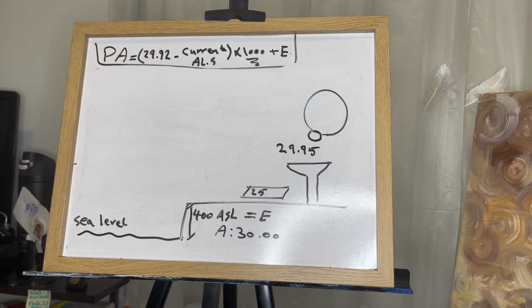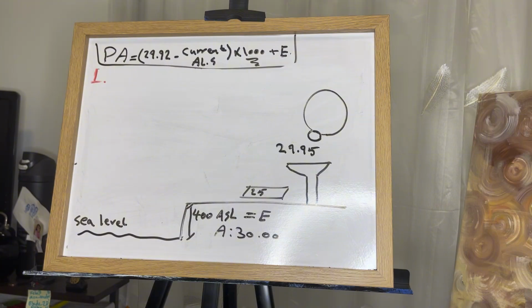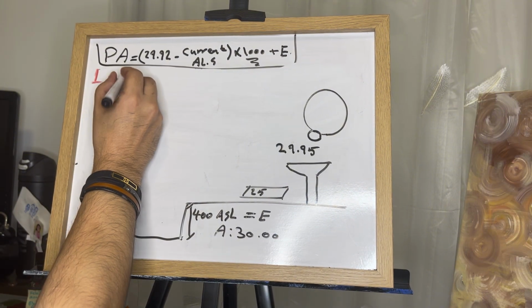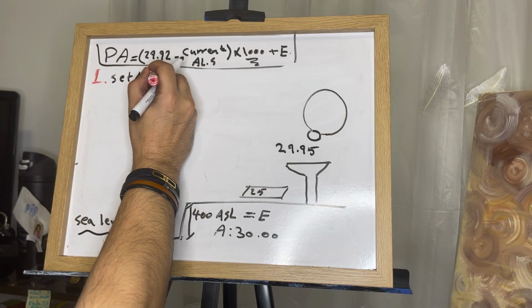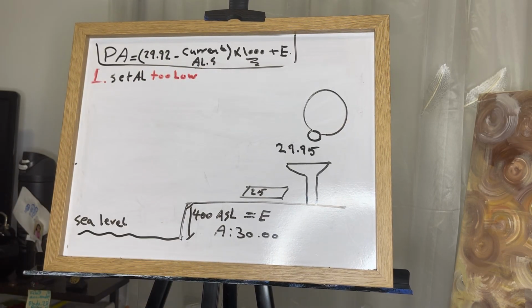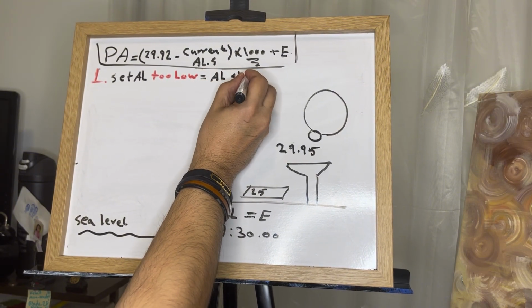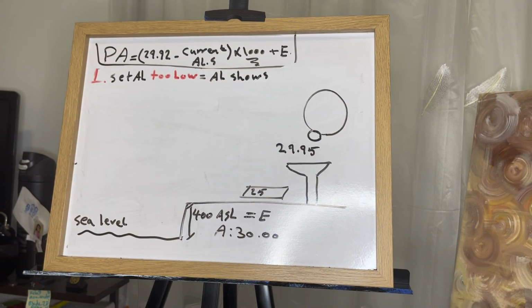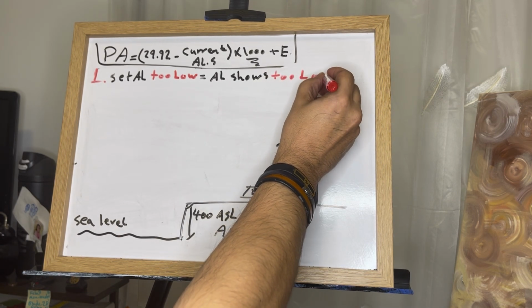This is the rule of thumb. Number one, when you set the altimeter too low, the altimeter shows too low.